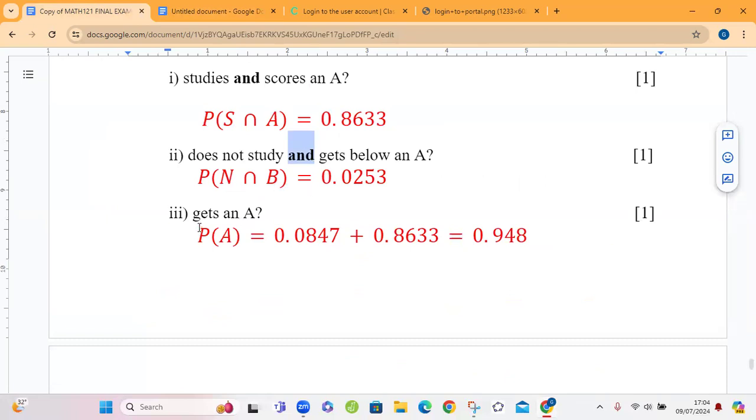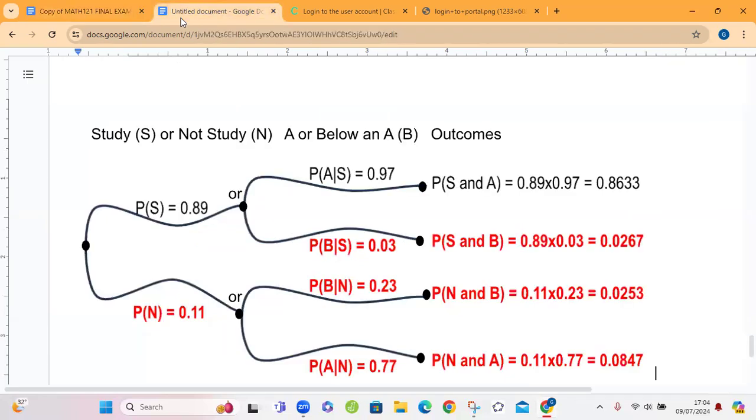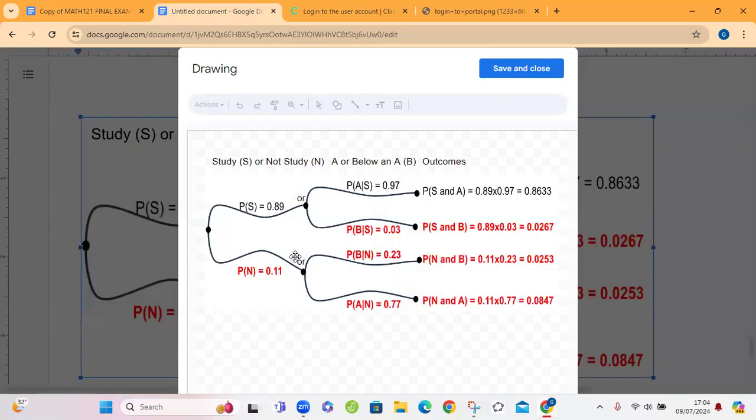And what is the probability of him getting an E? Okay, well, he can study and get an E, or, remember the word or, we have to add, the word or here also.